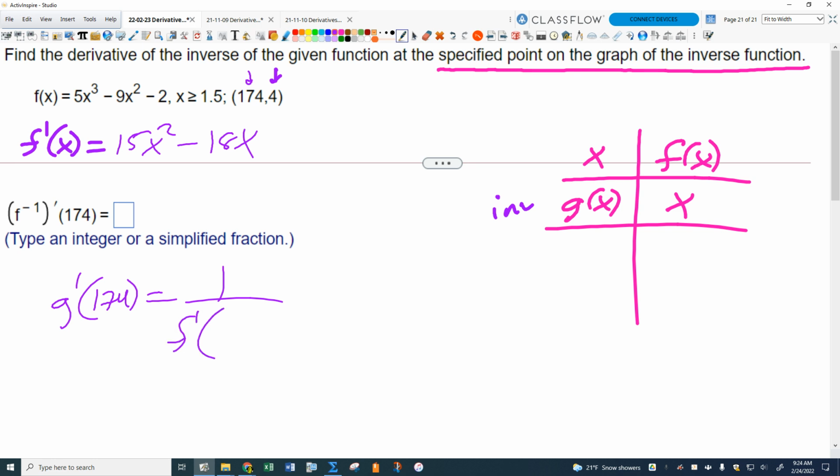Of g of 174, which is 4. See what I'm saying? So that's a 174, and that's a 4, right? Okay, anybody see that? Okay. All right. The assignment, I gave you a pretty short assignment on this.